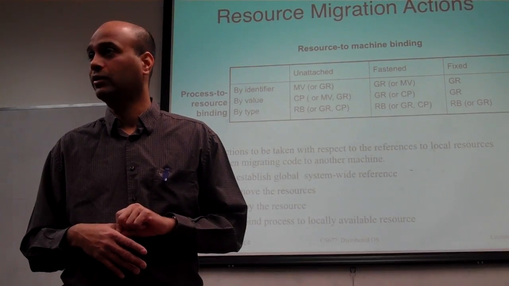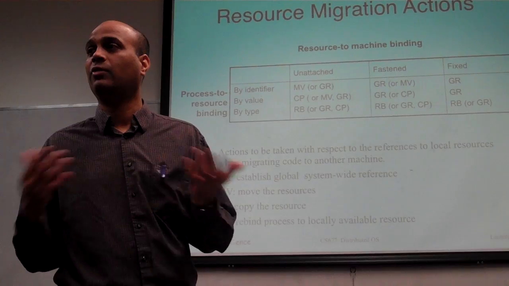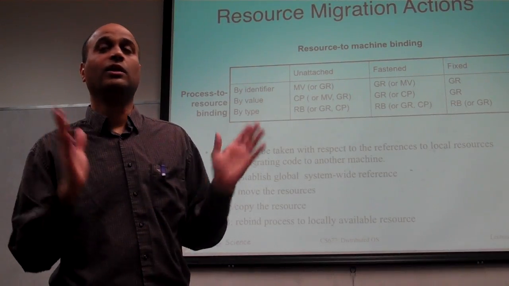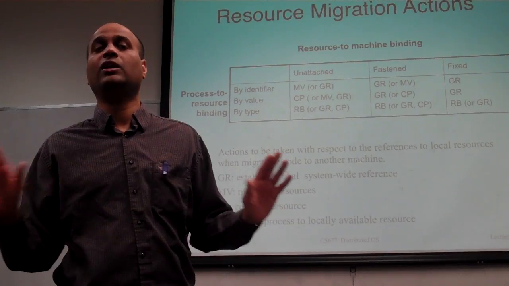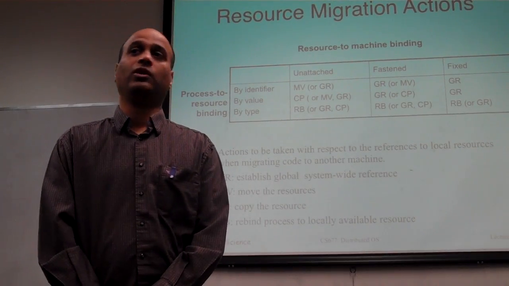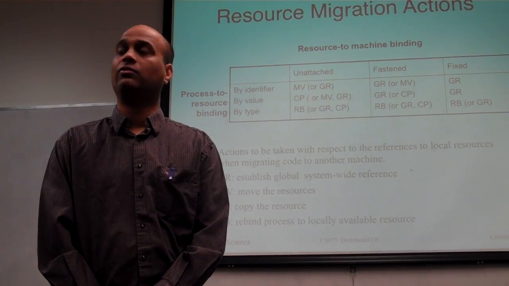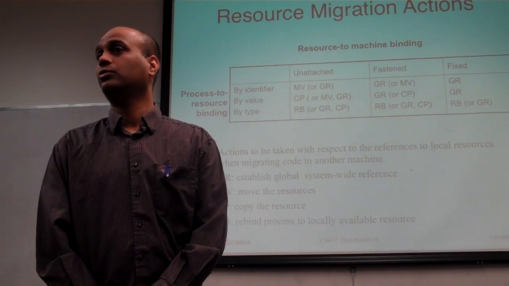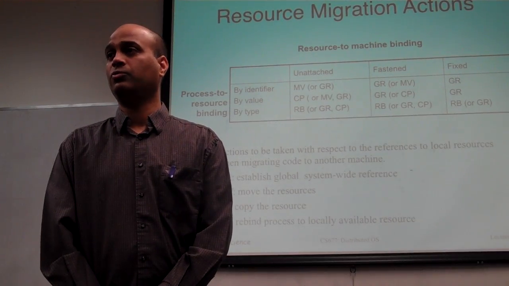The system cannot handle it. You can always put constraints. You don't have to say I have the most general, most flexible migration system that can deal with anything. You can say this migration system cannot deal with processes that do network I/O. Other types of processes can be migrated, but ones that have network I/O cannot, because you don't have a good way to deal with IP communication.